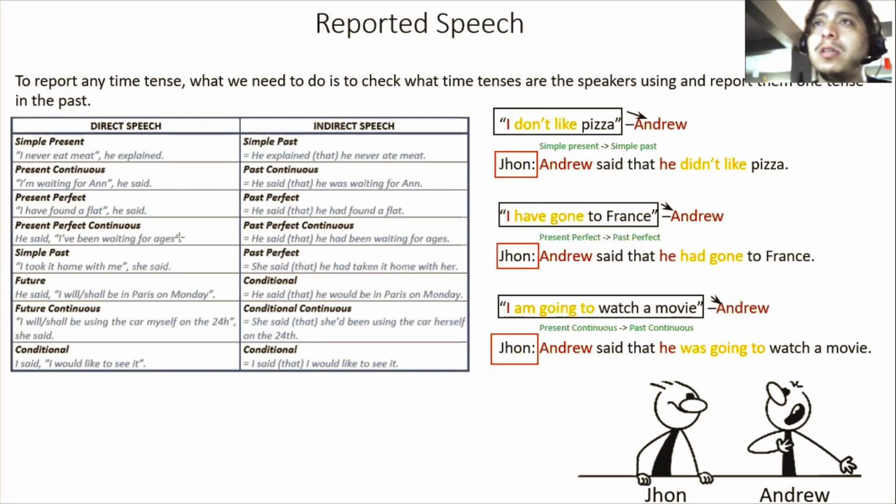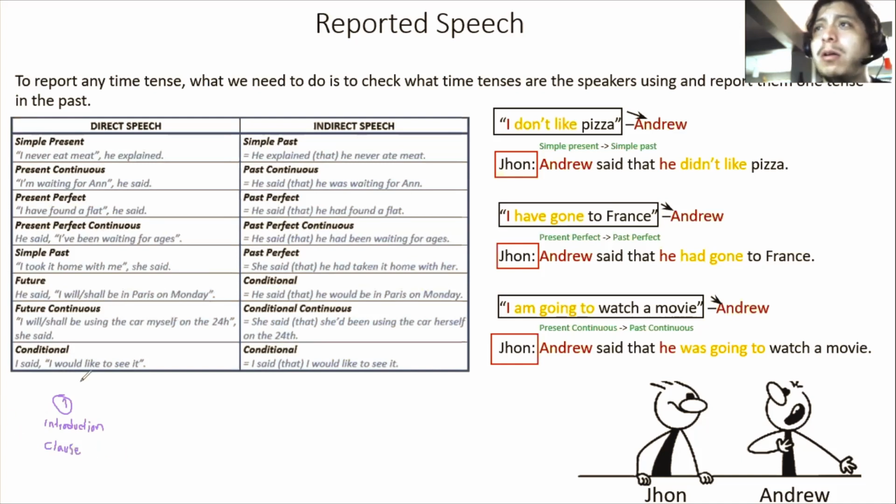As you remember, we have a few rules that we need in order to use reported speech. The first thing that you need to do is write an introduction clause. You need to start with an introduction clause.